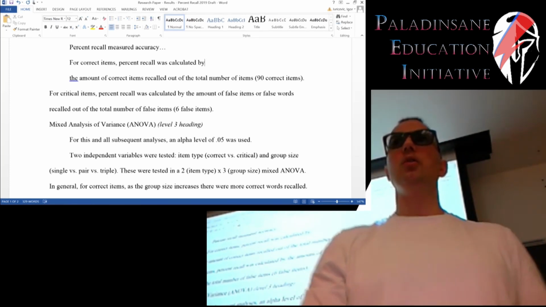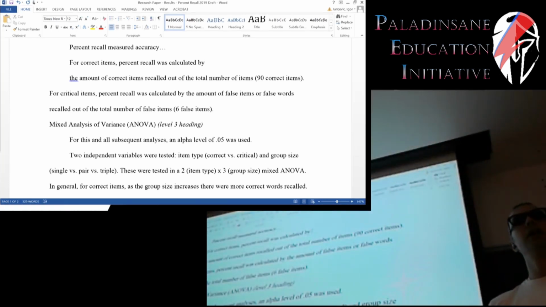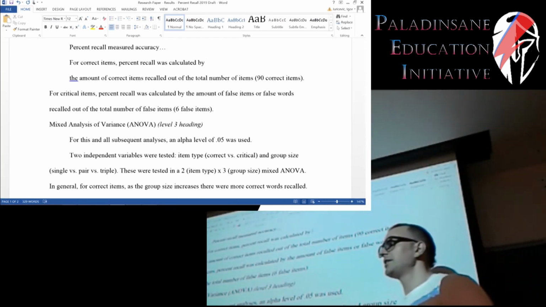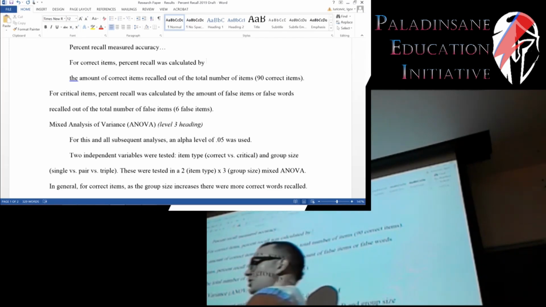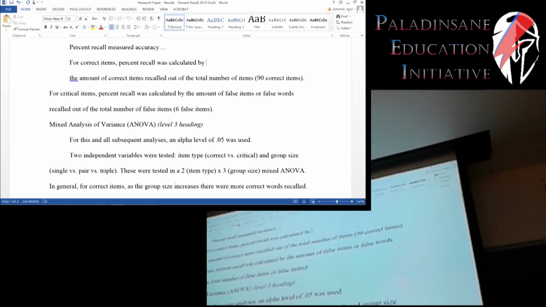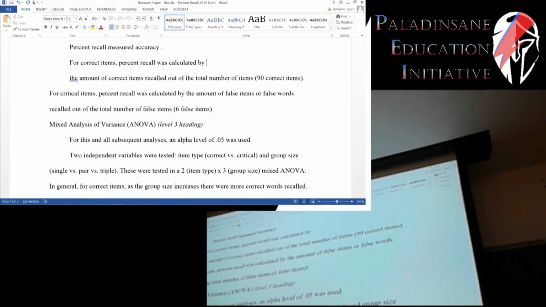Let's say that you had a research assistant, and your research assistant came in and they said, you know what, I want to help you do some stats. I want to help you crunch some numbers. I see that you have all these total amounts of items recalled from this experiment. What should I do with that? How do I calculate the percent recall that you want?